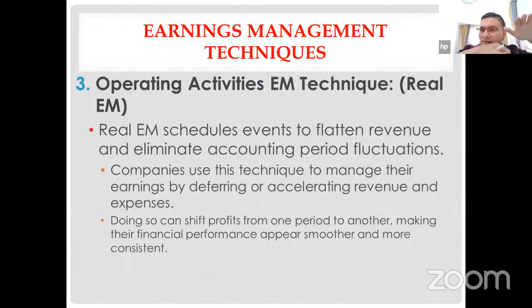Here, managers of companies are trying to resort to these techniques to control the fluctuation. You understand the fluctuation: some points of the performance are getting high, some points are getting down. So this is known in the literature as fluctuations. So real earnings management is a kind of practice where they schedule events to flatten revenue and eliminate accounting period fluctuations.